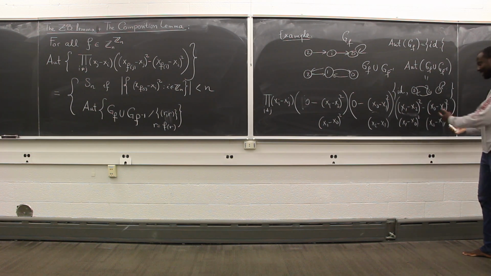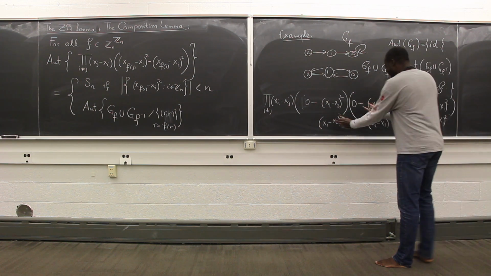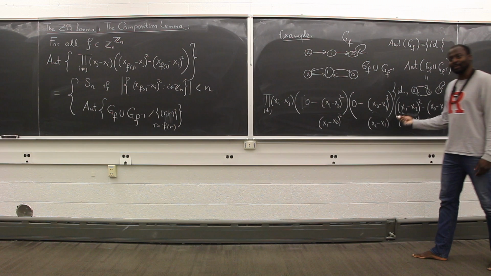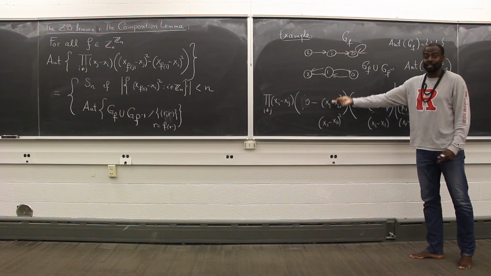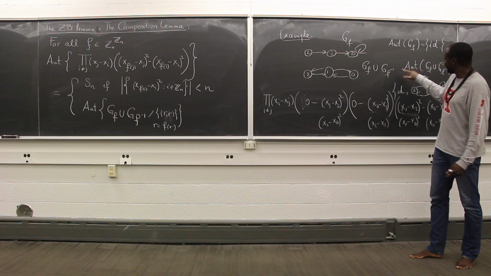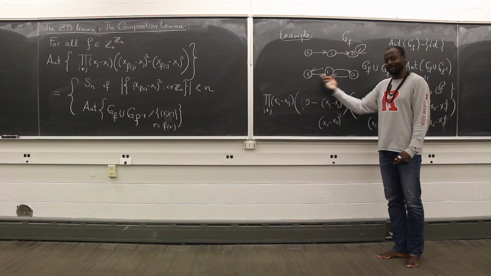We can see the differences have just moved around. This guy just flipped, so this doesn't change, and these guys just switched. So the polynomial hasn't changed. Now it's not trivial to see that if you apply any permutation that is not in the automorphism group, you're going to create a non-edge. You're going to create an edge that does not appear in this graph.